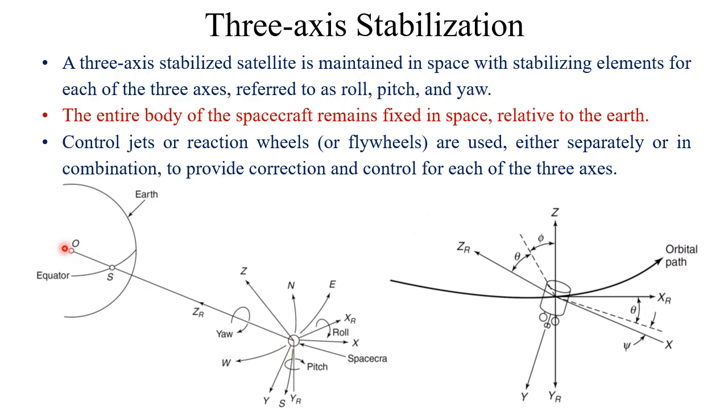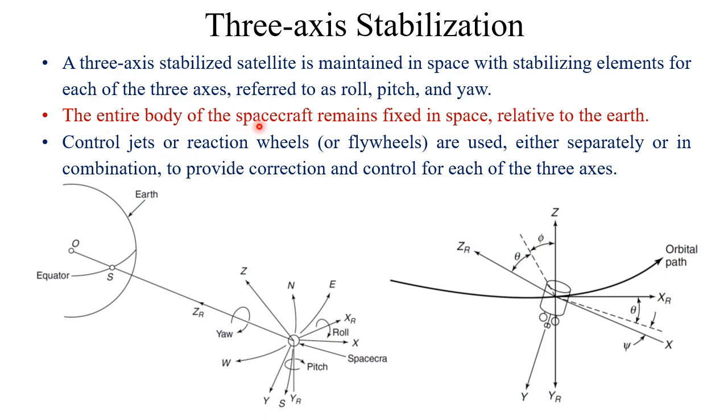So if this is the Earth, this one is the satellite, then this direction is the yaw direction, this direction is the roll direction, and this one will be the pitch direction. This is actually the conventional way of calling three rotational axes, just like XYZ in translational change. We have roll, pitch, and yaw in rotational condition.